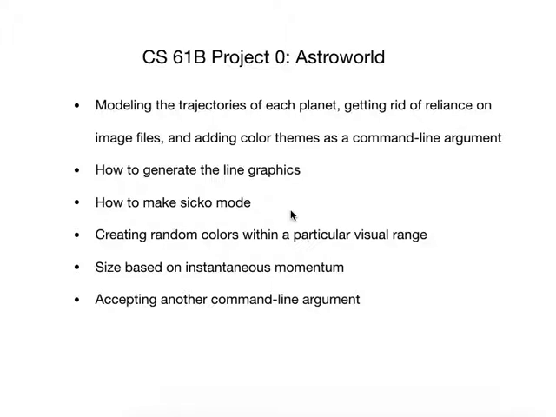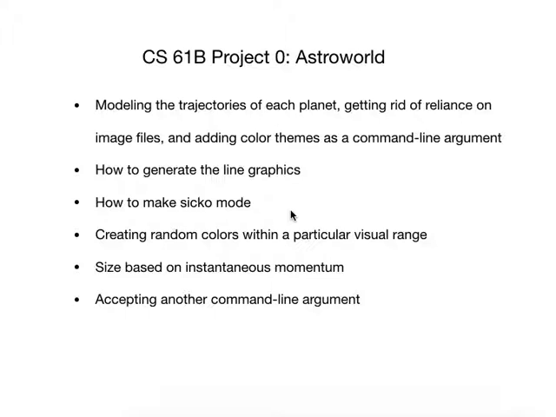So to use simple numbers to explain it, for example, if the average momentum at any particular time on the screen was 4, and a certain planet had a momentum of 2, and the maximum radius was, I don't know, like 6, then that planet would end up having a radius of 3 because they're half of the average. So using that, we just linearly calculated relative radii for all of the planets so that they could be represented based on how much kinetic energy they were carrying at any time, so like linear momentum.